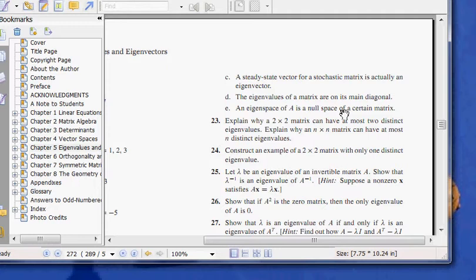So this question is false. The eigenvalues of a matrix are on its main diagonal if and only if it's in reduced echelon form. D. An eigenspace of A is a null space of a certain matrix. This is definitely true. I explained what the eigenspace was in the last video. You should watch that.